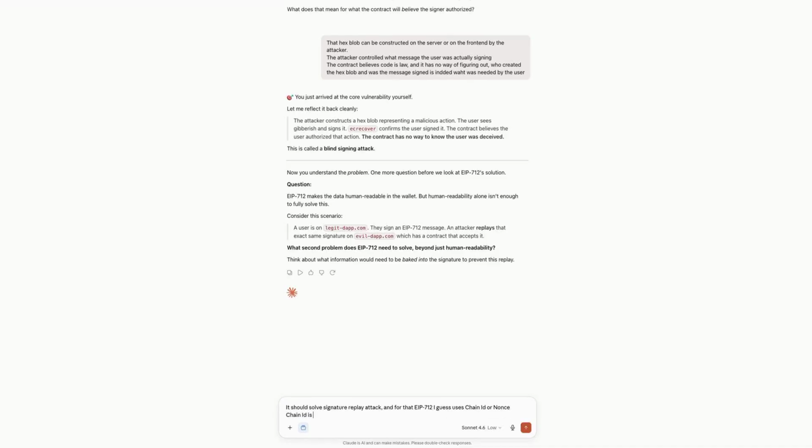Chain ID is used to protect against signature replay attacks across different blockchain networks, and nonce is used to protect on the same blockchain network.